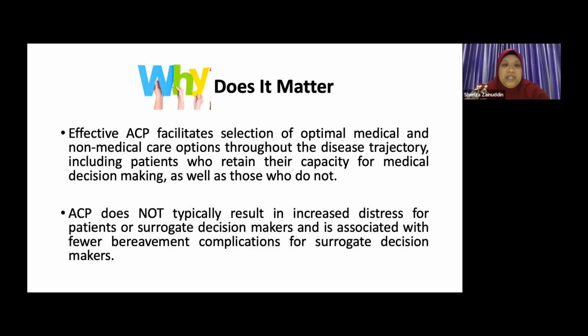However, ACP does not increase the patient's distress or even the surrogate decision maker's distress, because it is an ongoing process and it is more about whether these patients are willing to have this discussion. It's not compulsory, in the sense that the patient must do it if the physician asks for it. It is an open discussion.